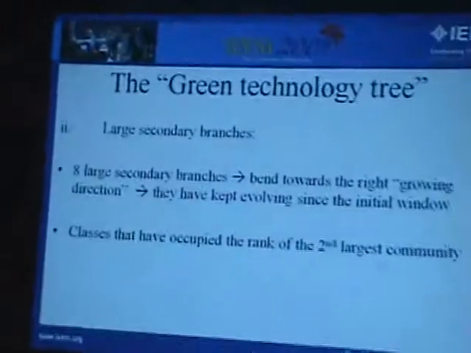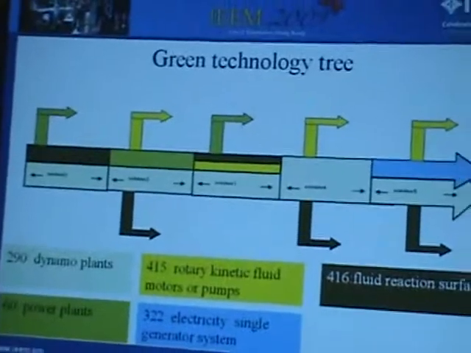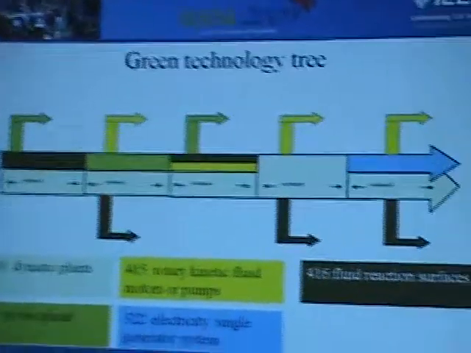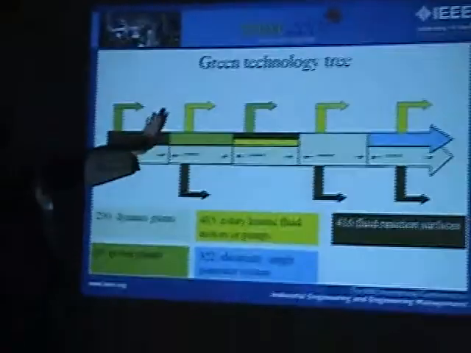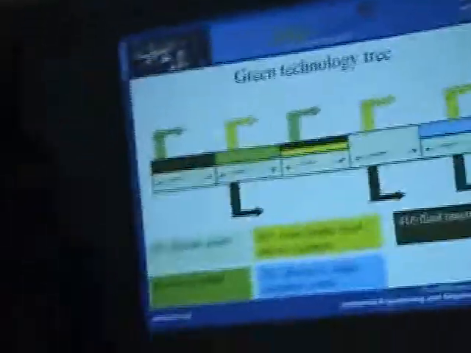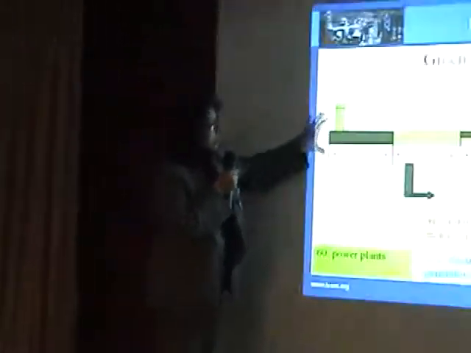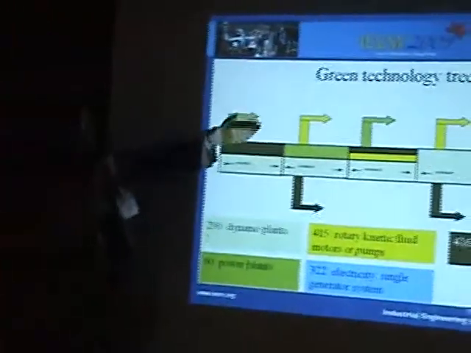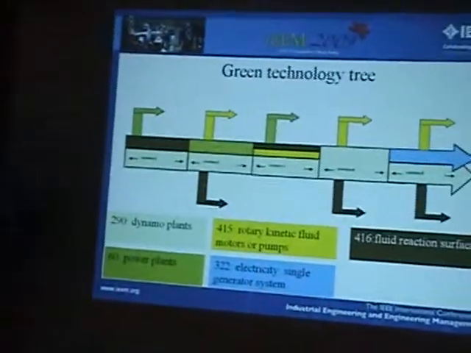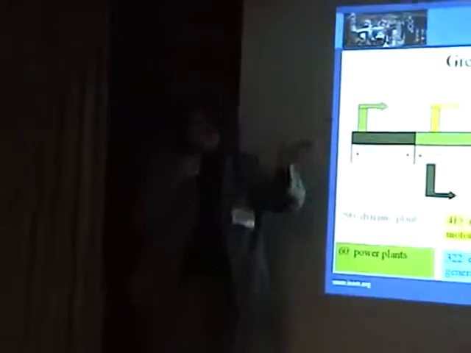Then we have some large secondary branches which come out from the stem of the tree, and these are the sectors which had been occupying the second rank in the green energy sector. So I have made them bend towards the right, meaning that they are also evolving and they are towards the growth direction.